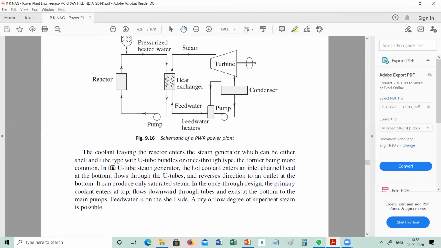One is U-tube steam generators or U-tube bundles, and the second is the once-through type. What is the difference between them? I will show you.